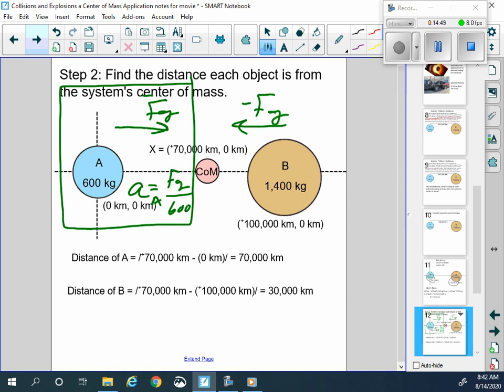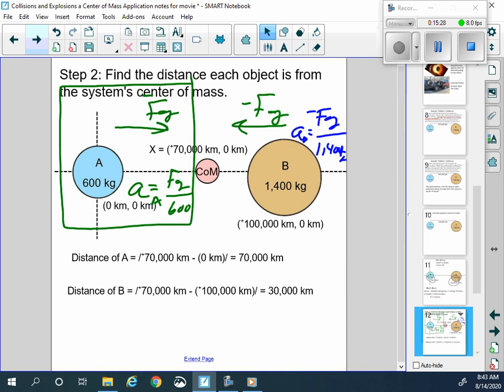If I want to find the acceleration of B, well, the acceleration of B would be the force of gravity, negative, divided by 1,400 kilograms. Now, I don't know how big these accelerations are because I don't know the force of gravity, but I do know this. The acceleration of B will be smaller than A because there's more inertia, there's more mass. It's going to be hard to get this guy to move. And so it makes sense that B would travel the least amount of distance.